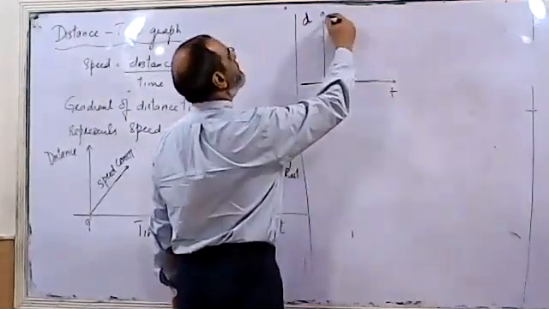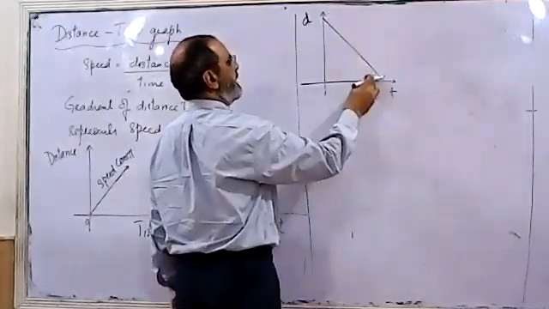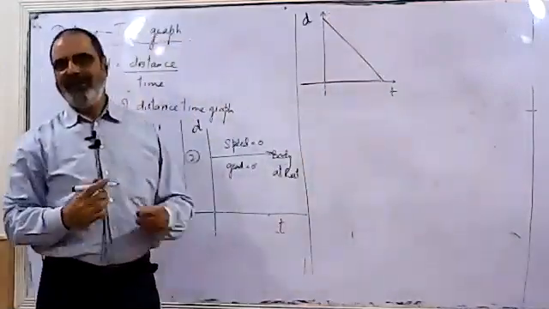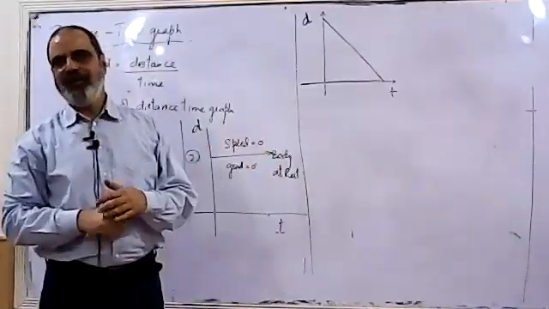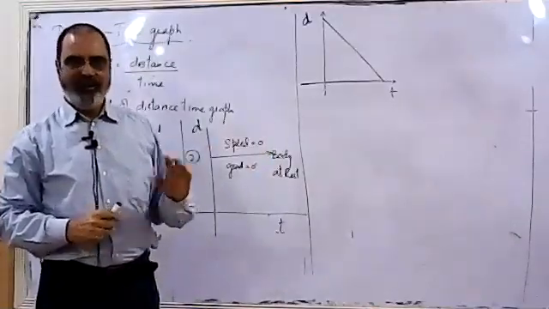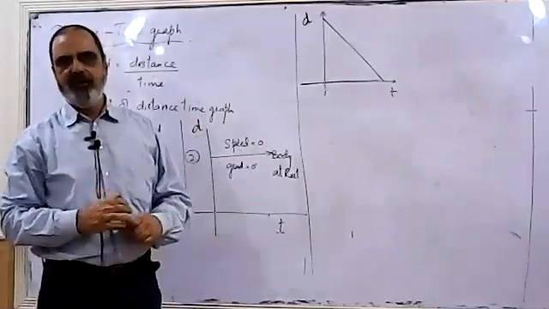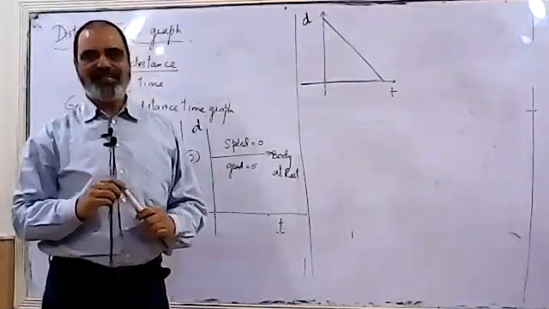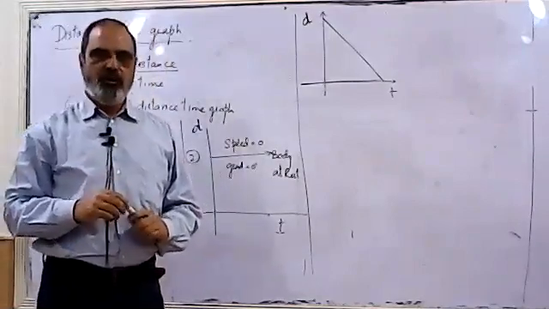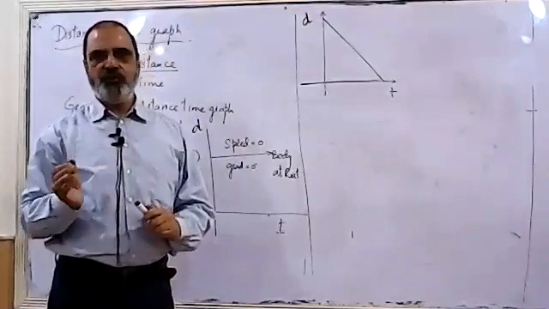In the second case, if I consider this line, again it is a straight line, so the speed is constant. It has a negative gradient, but because speed is a scalar quantity, it doesn't carry positive or negative signs.